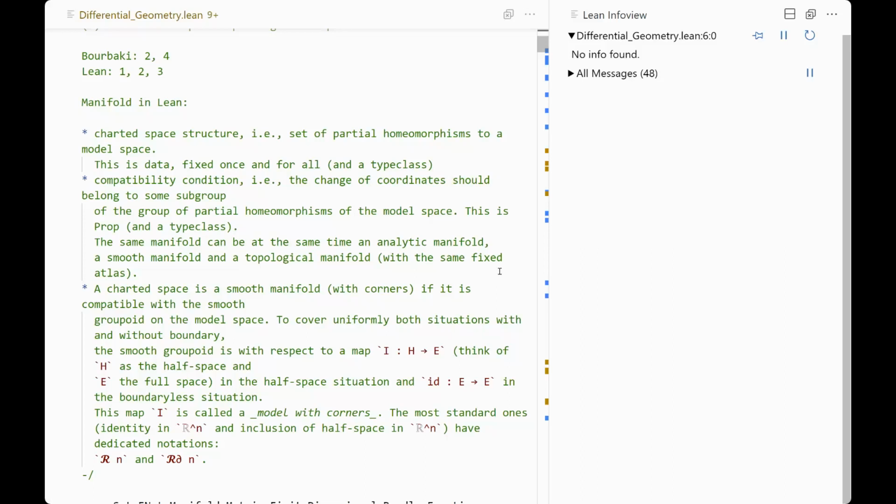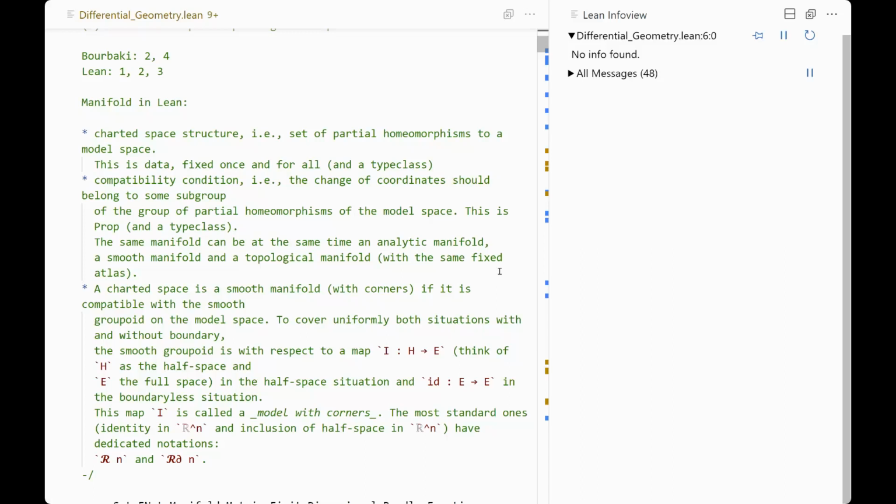And so manifolds can also depend on how smooth we want to require them. Of course, there are C^k manifolds. And in particular, smooth manifolds are the ones with the smooth model structure.